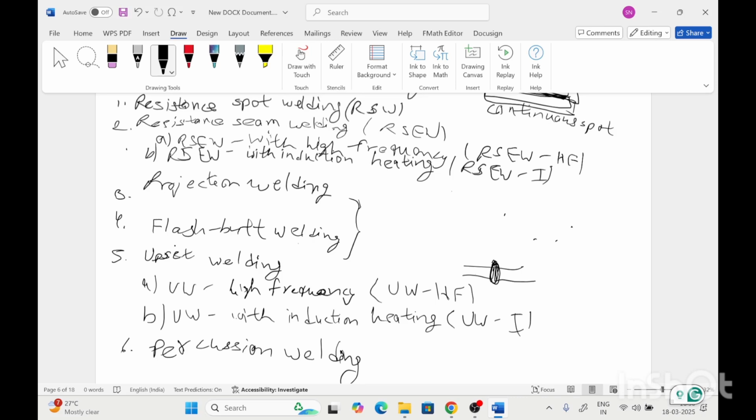Then due to the arc, the working plate at the contact will melt, and the molten metal is squeezed further, forming the welding joint. So in this, first the arc is generated, followed by applying force.